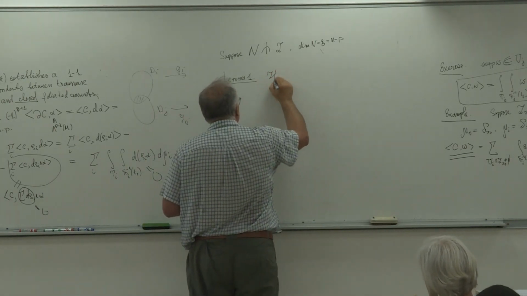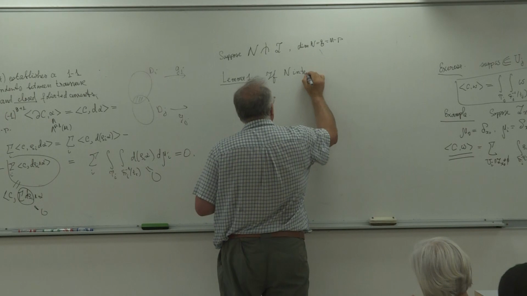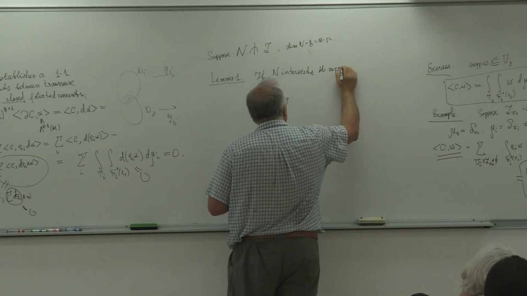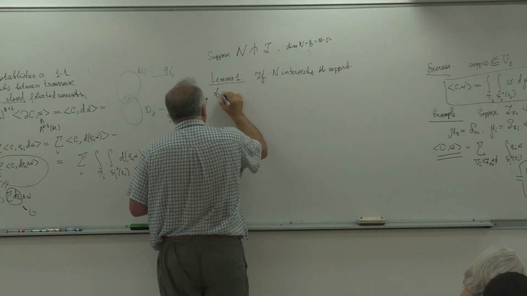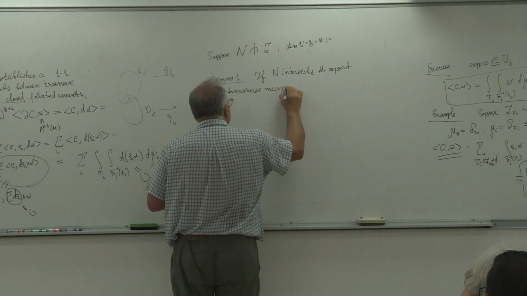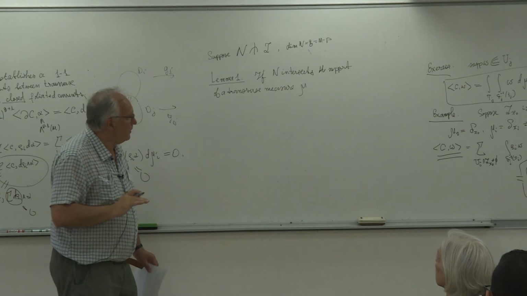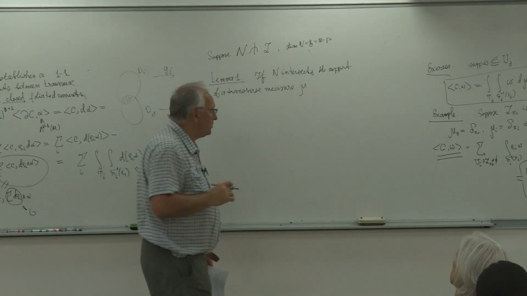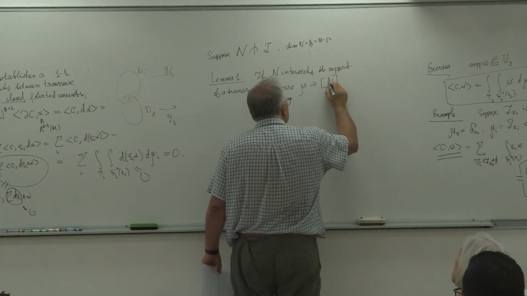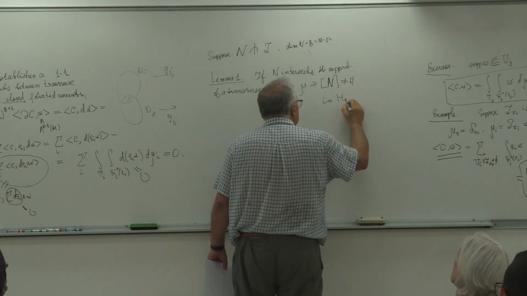If, in the conditions as above, N intersects the support of some transverse measure, so suppose it exists, and our transverse manifold intersects the support of mu, then the homology class of N is not zero in the corresponding homology group.